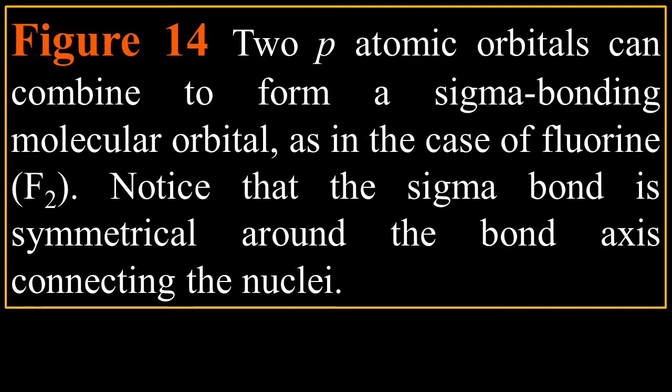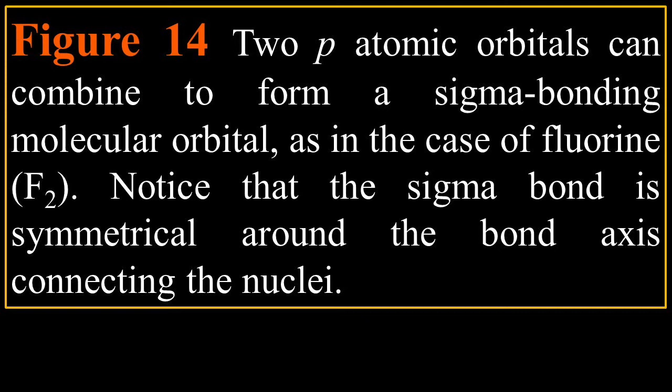Figure 14, 2p atomic orbitals can combine to form a sigma bonding molecular orbital, as in the case of fluorine F2. Notice that the sigma bond is symmetrical around the bond axis, connecting the nuclei.